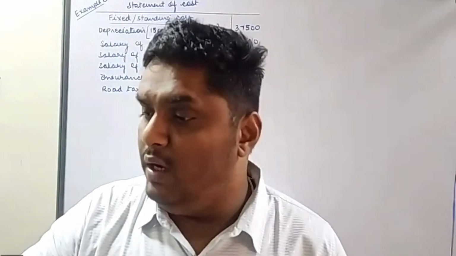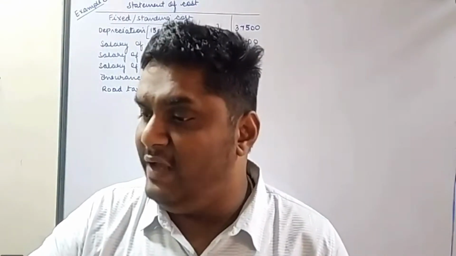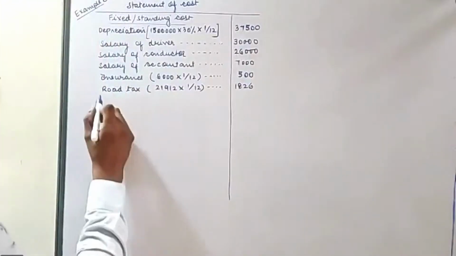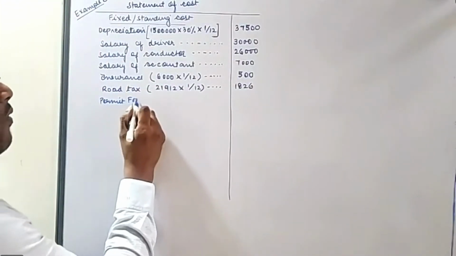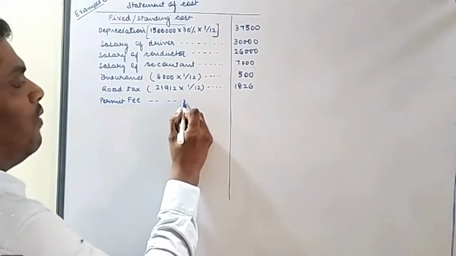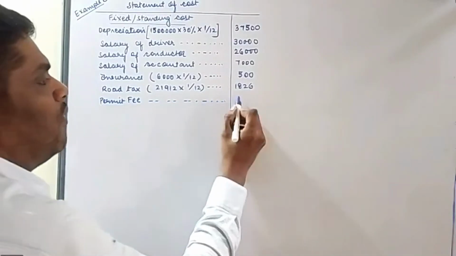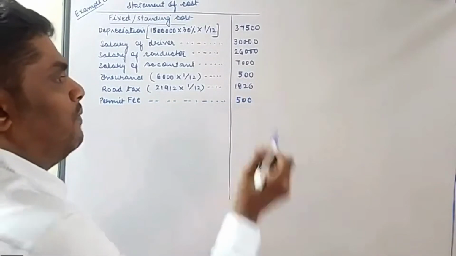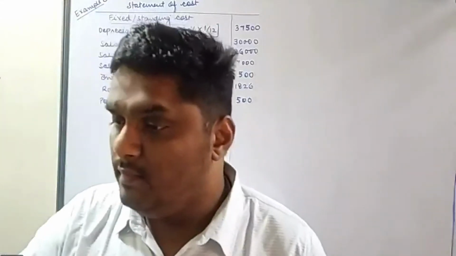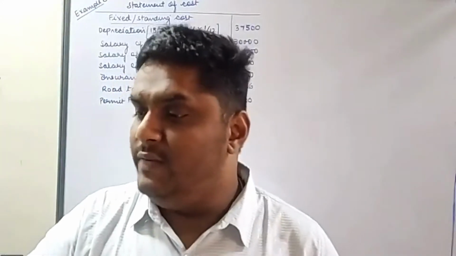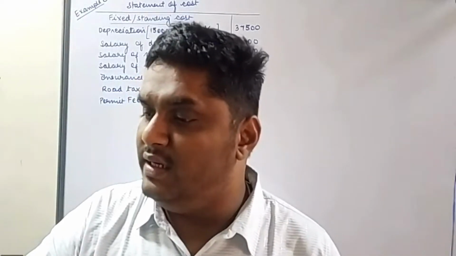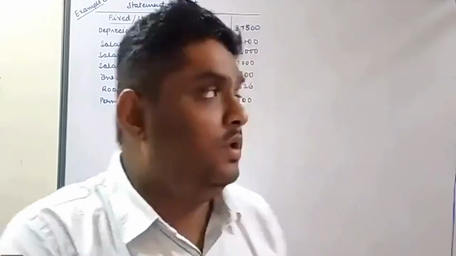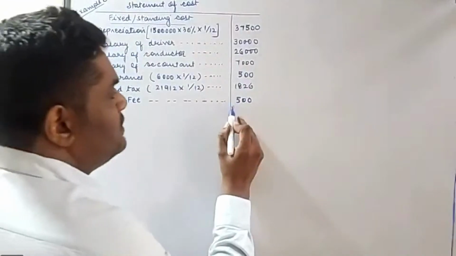Lubricating oil again will go under variable. Permit fees is rupees 500 per month. Repairs and maintenance will go under maintenance cost. Depreciation we have already considered, and the seating capacity is 50 passengers. So we are done with all the fixed costs.